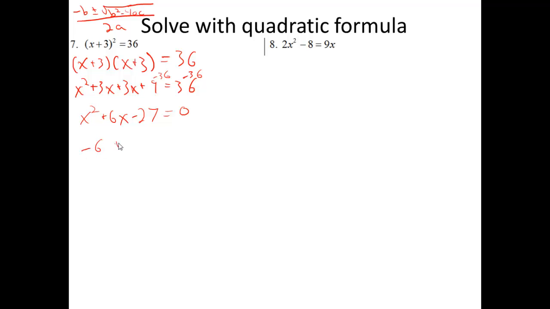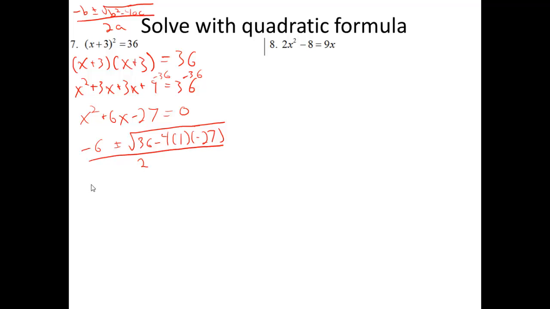Negative 6 plus or minus the square root of 6 squared, which is 36, minus 4 times 1 times negative 27, all over 2.